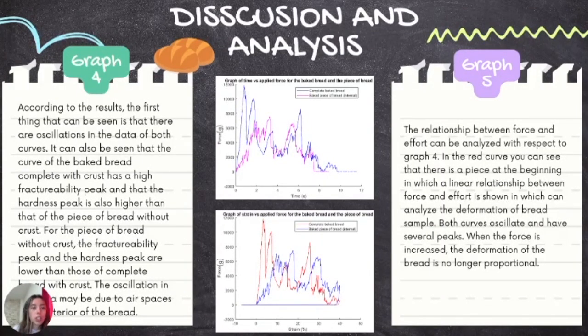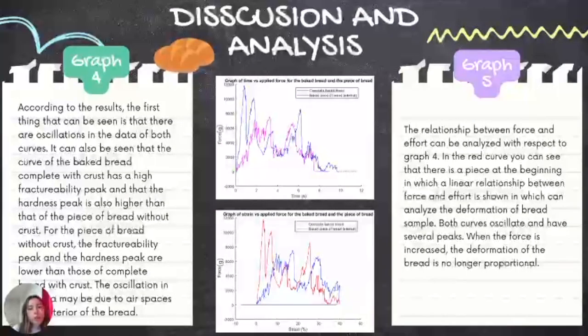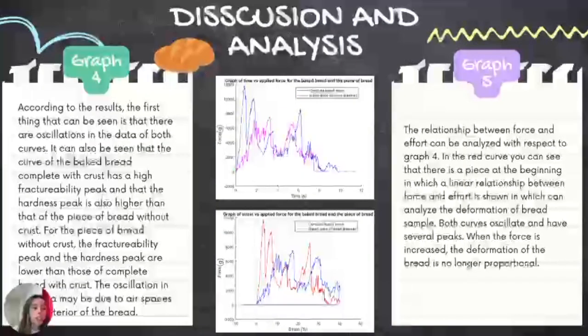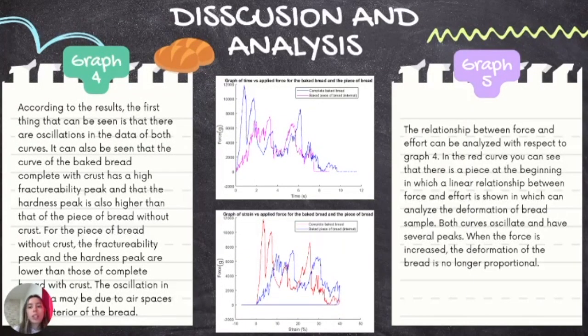Now we have the discussion and analysis for the other two graphics that analyze the baked bread. According to the results of the first graphic, we can see that there are oscillations in the data of both curves. It can also be seen that the curve of the baked bread complete with the crust has a higher fracturability peak, and that the hardness peak is also higher than that of the bread without the crust.